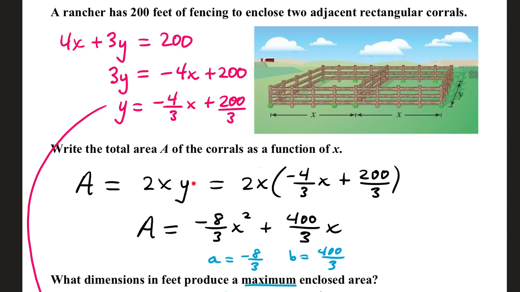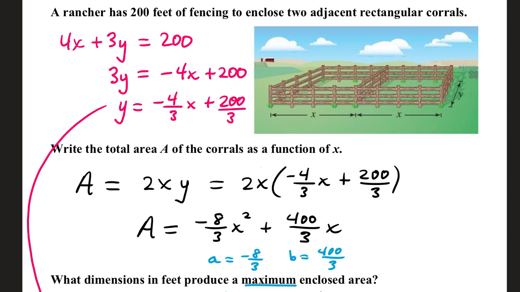Now we can replace Y with that, and that will get us area in terms of X only. So area is going to be negative 8/3 X squared on the first jump of the distributive property, plus 400/3 X for the linear term on the second jump.